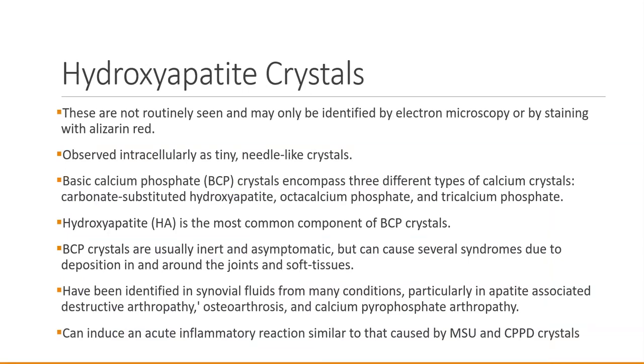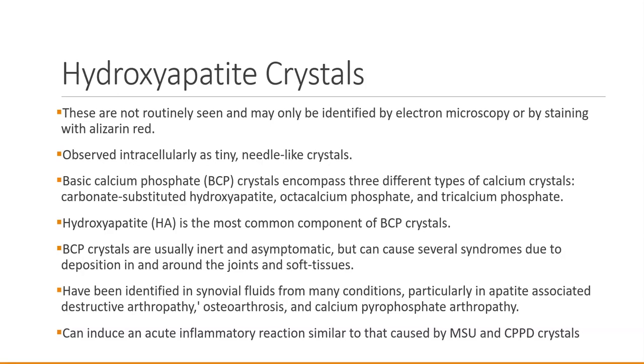As I did my research on hydroxyapatite crystals, I found that they're not routinely seen and may only be identified by electron microscopy or by staining with alizarin red. So I was kind of puzzled why this was included in your textbook because it's not very commonly seen.